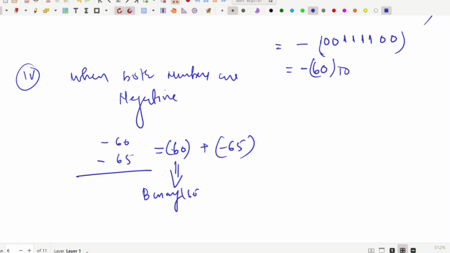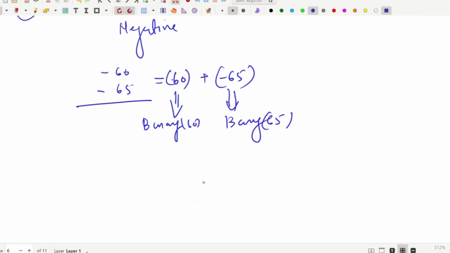The binary of 60 in 8-bit format is represented as 0 0 1 1 1 1 0 0. What is the binary of 65? That is 0 1 0 0 0 0 0 1.